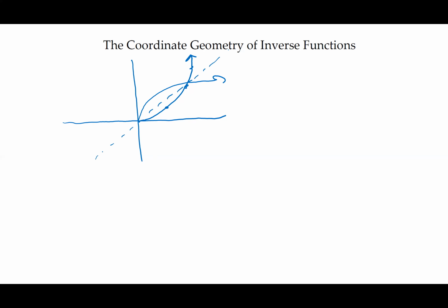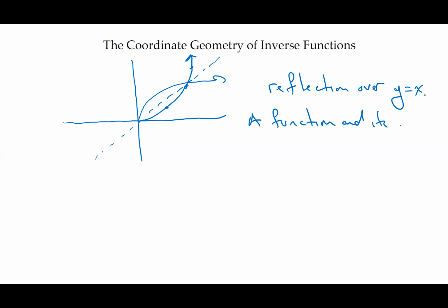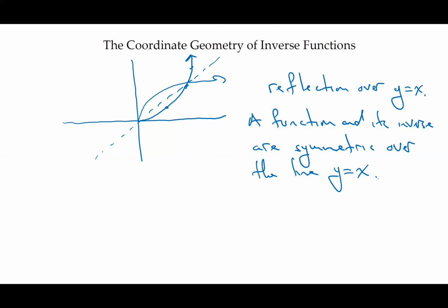The swapping of the x's and the y's is really a reflection over y equals x. So a function and its inverse are symmetric over the line y equals x, okay?